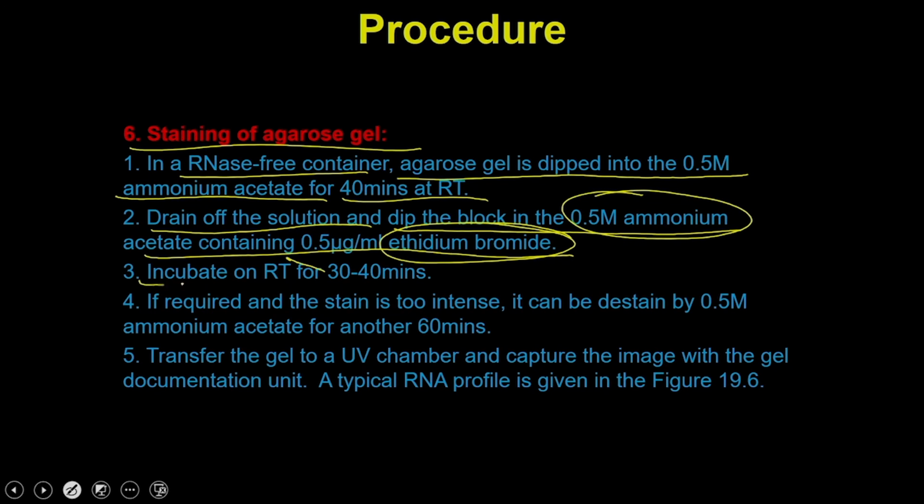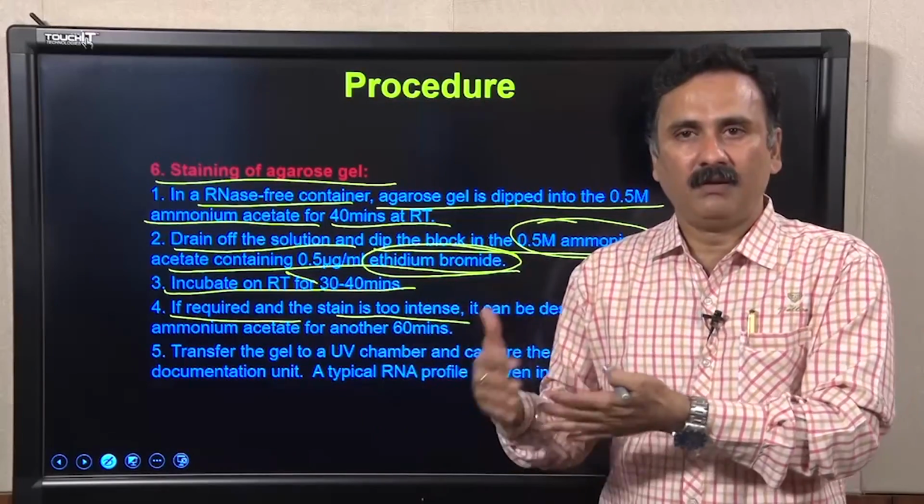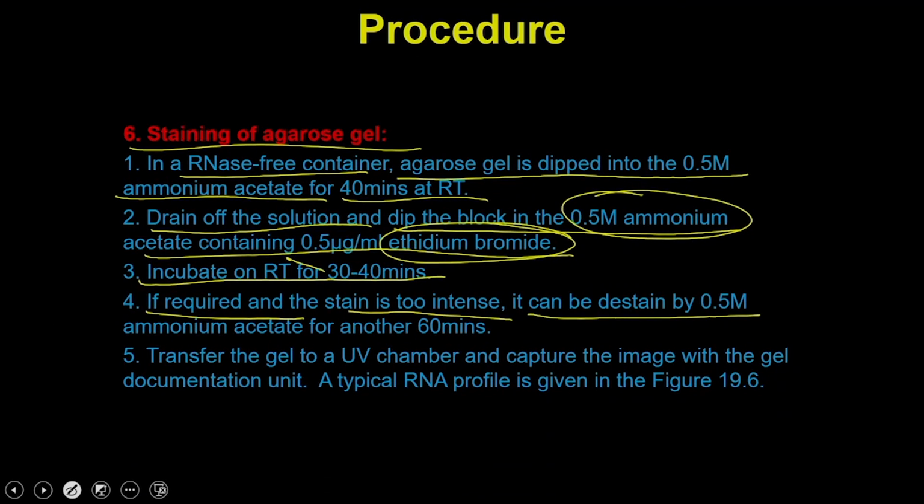Then you incubate the gel at room temperature for 30 to 40 minutes, and if the stain is too intense, which means you are not able to see a good contrast between the RNA and the background, you can destain with 0.5 molar ammonium acetate for another 60 minutes to 2 hours.